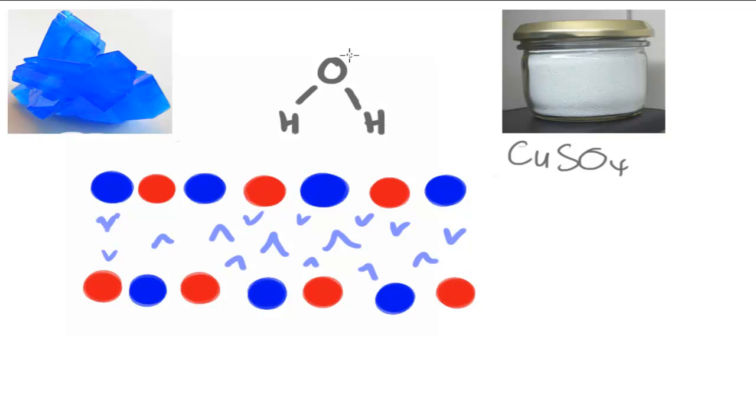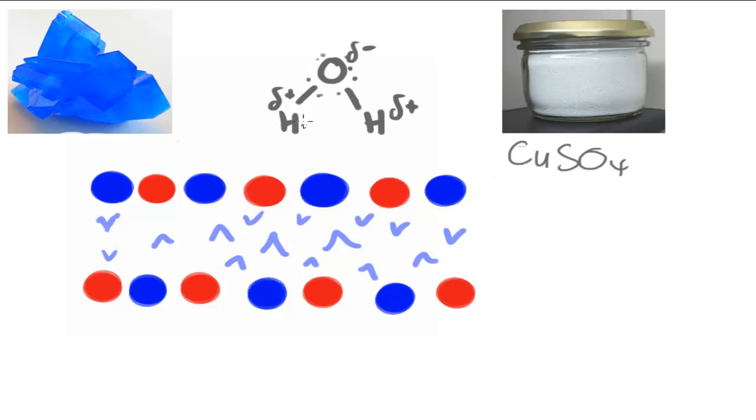That slight charge is slightly negative, and the hydrogens have a slight positive charge, because they're sort of being starved of these electrons. So the electrons are up here closer to the oxygen, and oxygen also has extra electrons up here because it has two lone pairs, electrons that are not bonded. So this molecule would be here.